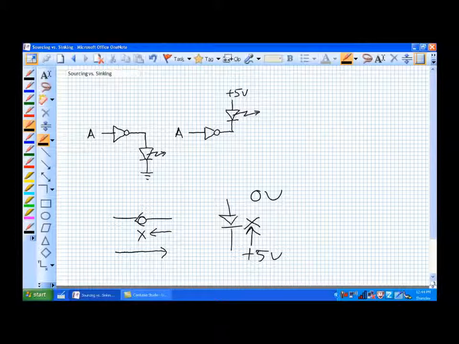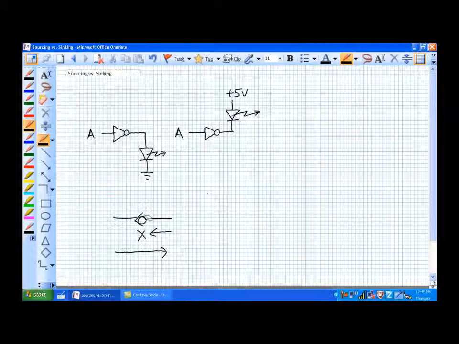Okay, so now here is the purpose of this lecture. What causes an LED to light in a digital circuit, a 1 or a 0? And the answer is it depends. It depends on your arrangement of the LED, and that's either a sourcing arrangement or a sinking arrangement.